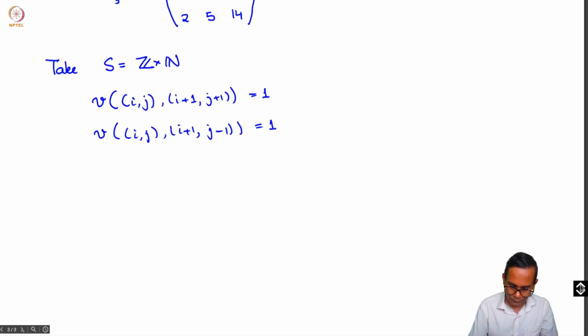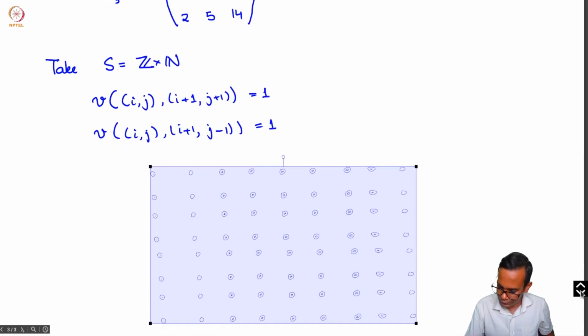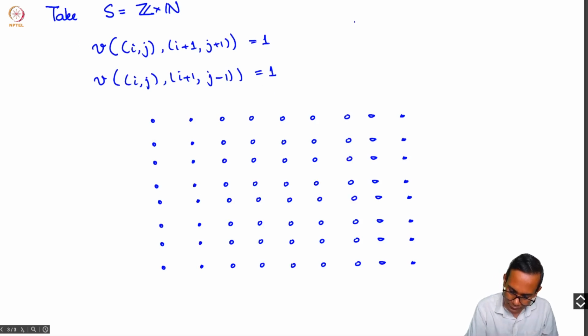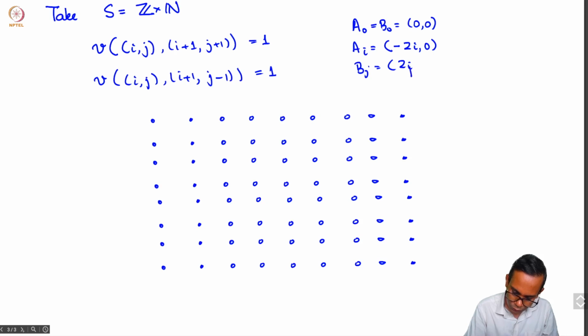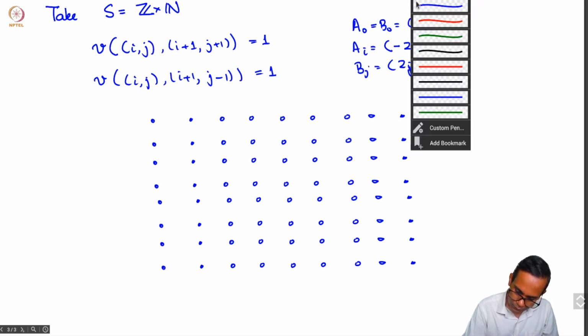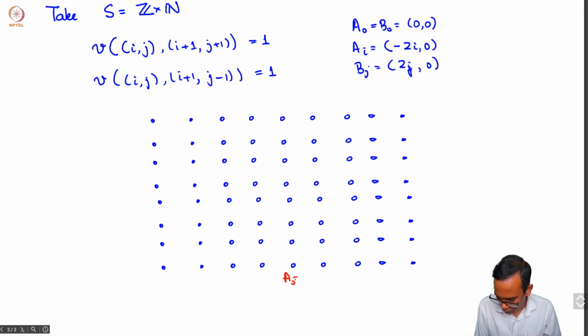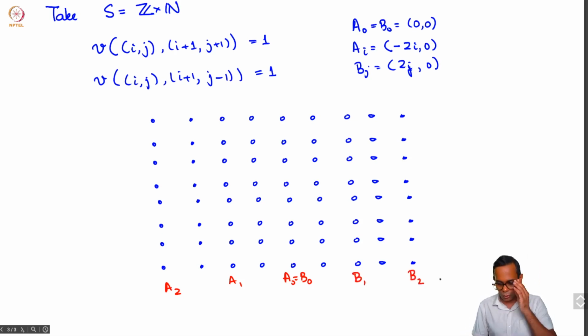And so just to visualize this, here's the array, and let's take a0 to be (0, 0), ai in general to be (minus 2i, 0), bj to be (2j, 0). So if you plot these points, we have a0 and b0 over here, a1, a2 and so on go off to the left, and b1, b2 and so on go off to the right.